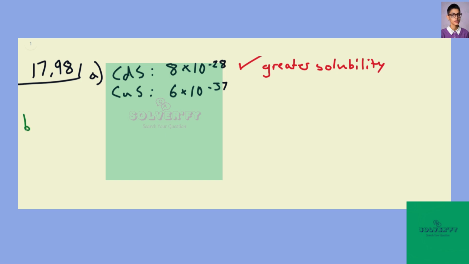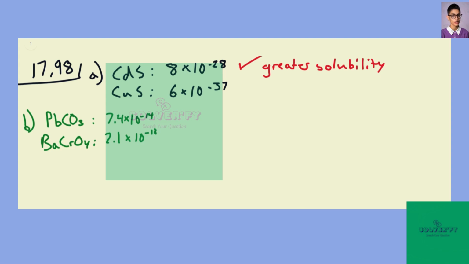So we can move on to part B, where the two compounds are lead carbonate and barium chromate. Here the Ksp values are 7.4 times 10 to the minus 14 and 2.1 times 10 to the minus 10.